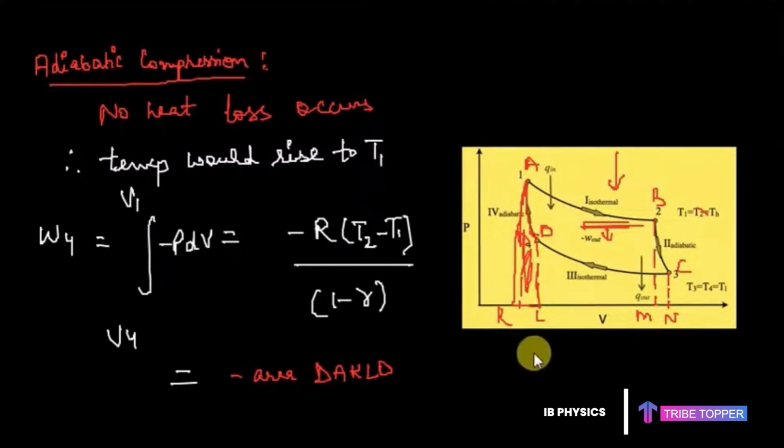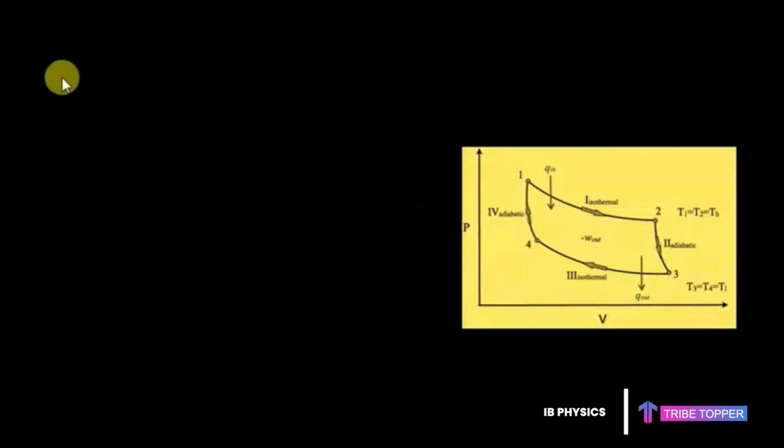Now we have already found all the four equations. So we would find out what is the work done by the engine per cycle. So this was cycle 1, where in the first case we have total work done by the gas, right? So when the work is done by the gas, what do we get? The total work is equal to W1 plus W2, because when gas is expanding, the work is done by the gas.